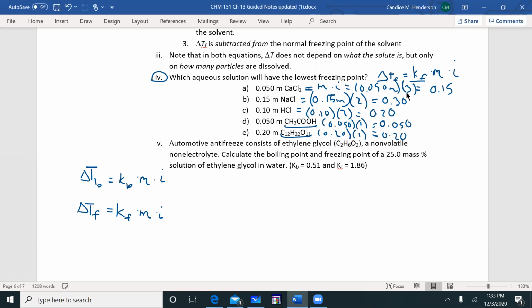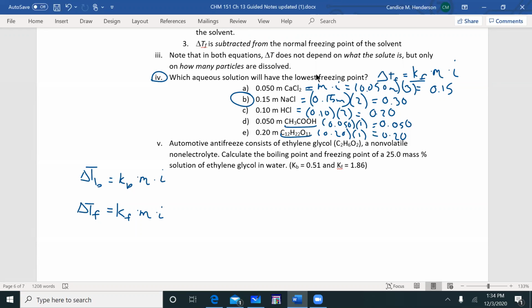So 0.20. When looking at these, what would have the lowest freezing point is derived by the biggest change in my delta T f. That biggest number is going to come from whichever one of these is biggest, and in this case, it would be this guy right here. This is the perfect combination of a high molality and a relatively high particle factor.